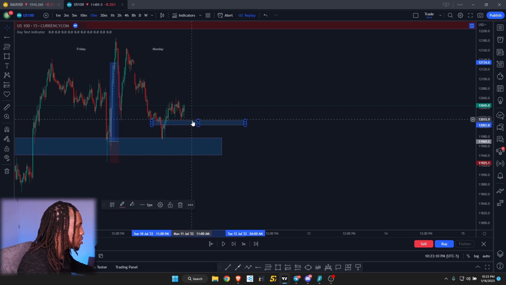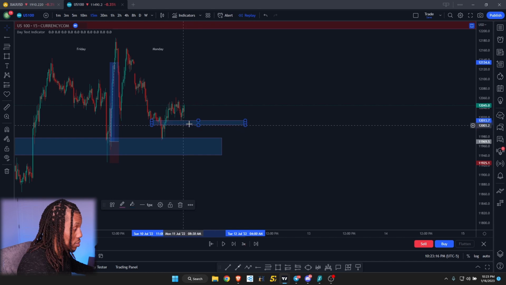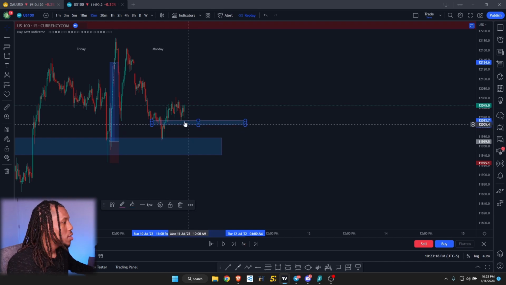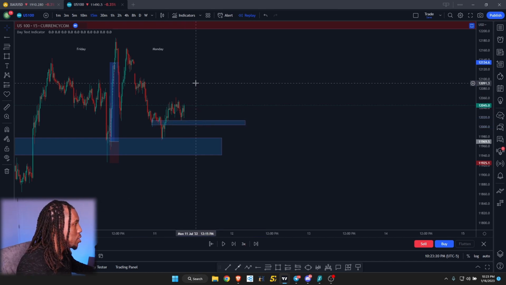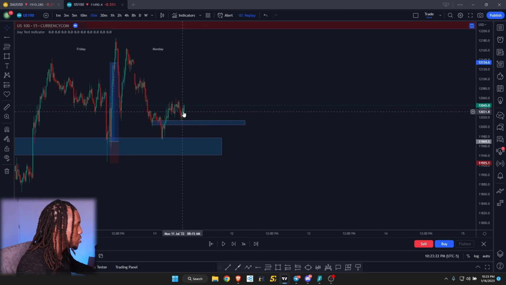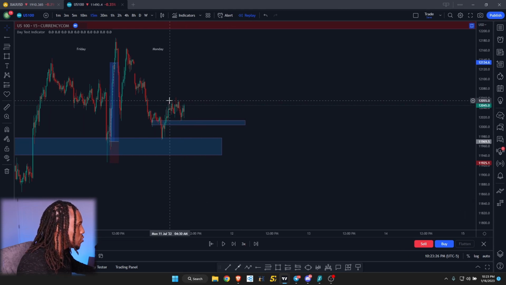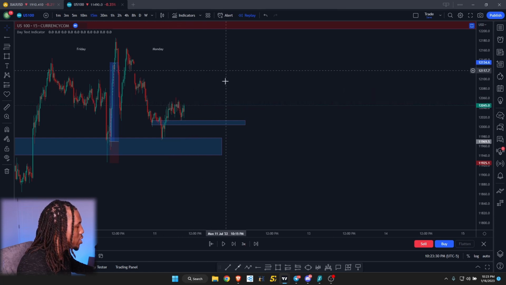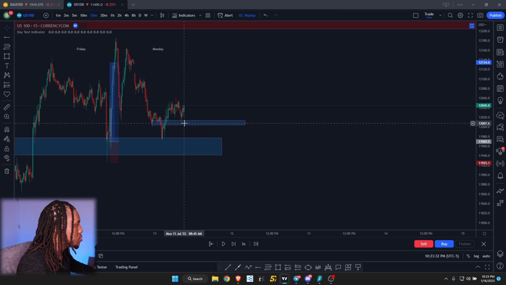Ideally, again, I want to see it tap back into the zone, potentially down here as well, but we'll look to see how it reacts. But this is where I would take my first entry for a buy position. I just want to see it tap back into here. If it doesn't, look for it to break and retest this level here. Once it retests, then take an entry for a long position, right?